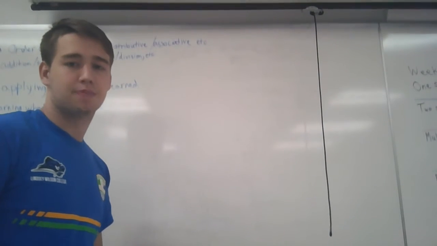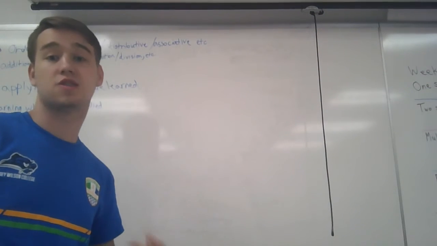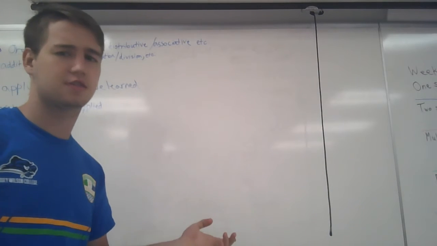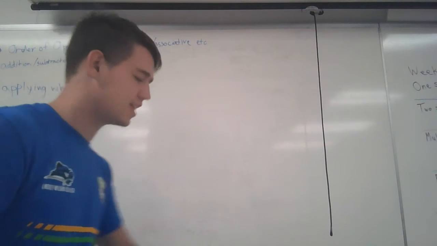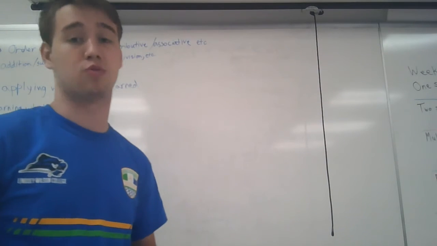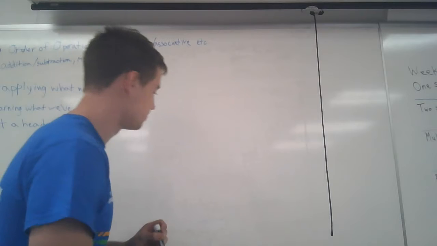Last time we learned the properties of arithmetic, the orders of operation, and how to invert them in order to solve equations. Now we're going to learn about isolating the variable and how to do that backwards from PEMDAS.